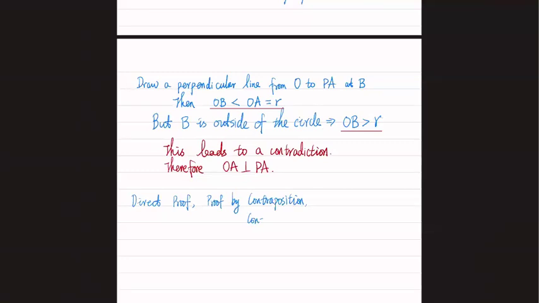Both work. Contrapositive. Proof by contradiction. And the last one, proof by mathematical induction.